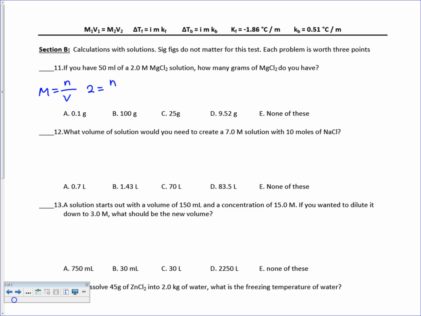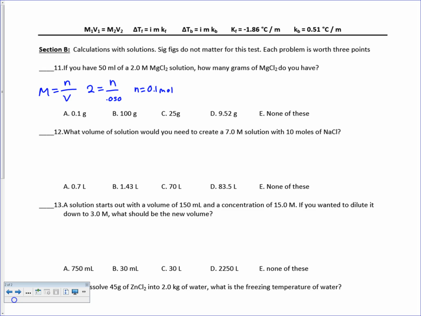This equals the number of moles over 0.050 is our volume, because we got to convert that milliliters to liters. And so then the next thing we have here, number of moles, you can find that by multiplying 0.05 on both sides. Number of moles equals 0.1.